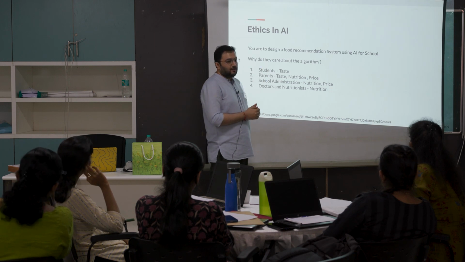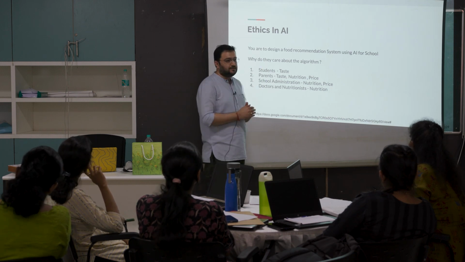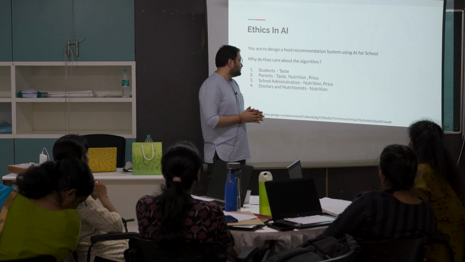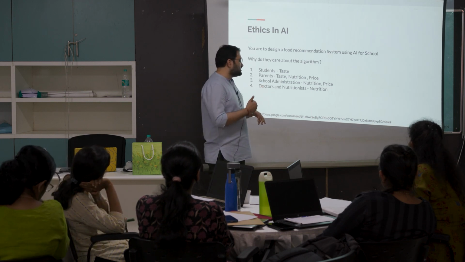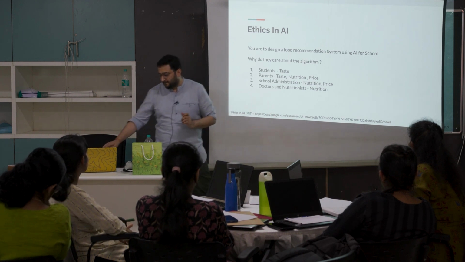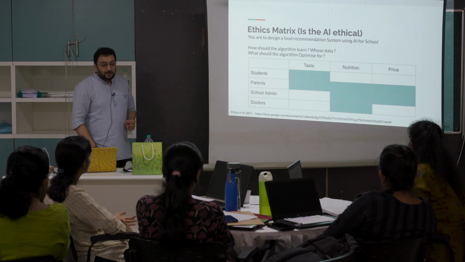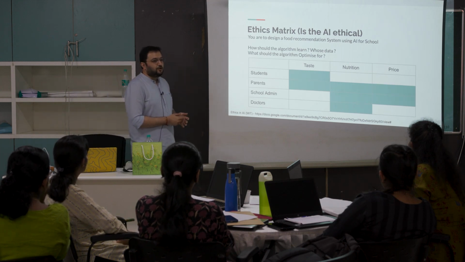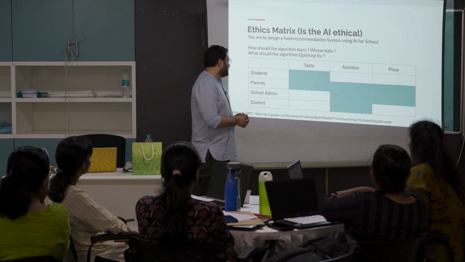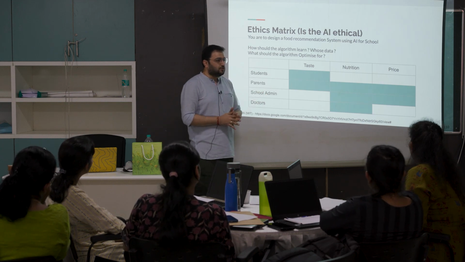What do they care about in the algorithm? Students probably taste of food. Parents: taste, nutrition, price, all three of that. School administration: nutrition and price. Doctors: only nutrition, right? So now the question is, what do you optimize the algorithm for? But if you are the person who owns the school, what will you do?